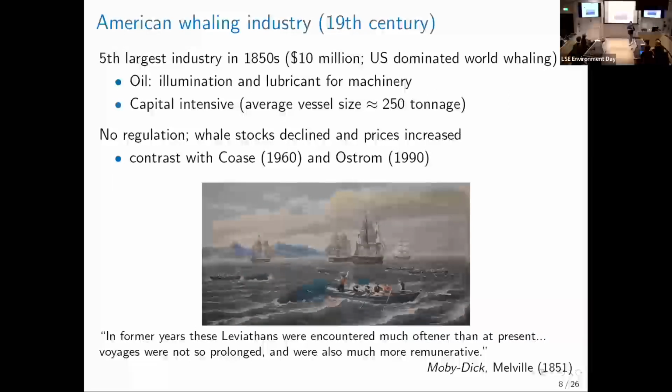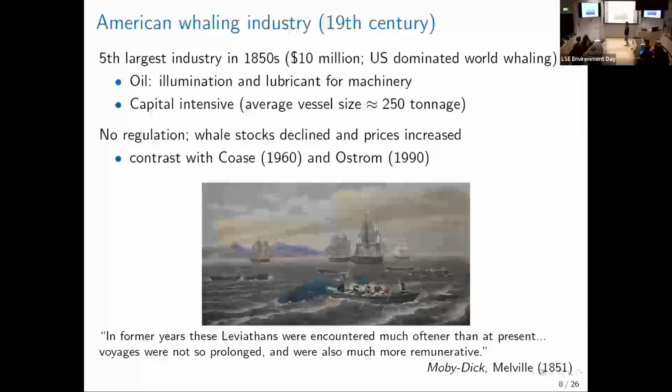So American whaling was a huge industry. For example, in the 1850s, it was the fifth largest industry in the US. The major output was oil, like sperm oil and whale oil. They were used as an illumination source and also lubrication for industrial machinery.